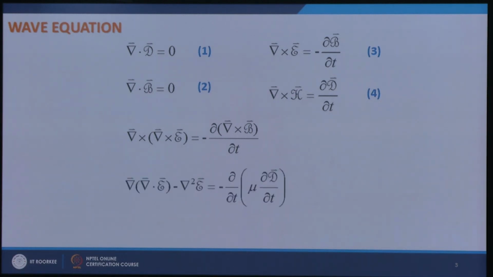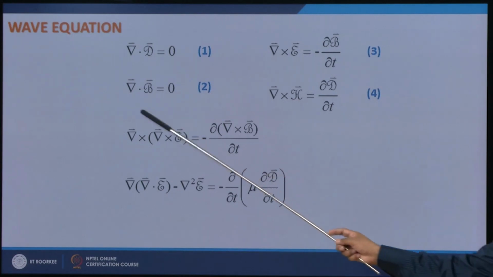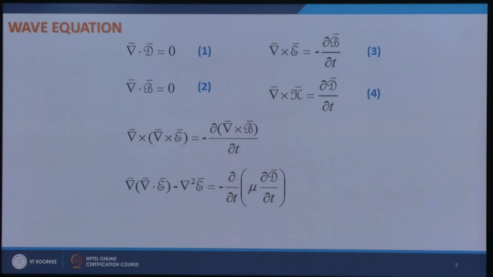Now, I use the vector identities, which gives me del cross del cross E is equal to gradient of divergence of E minus del square E.